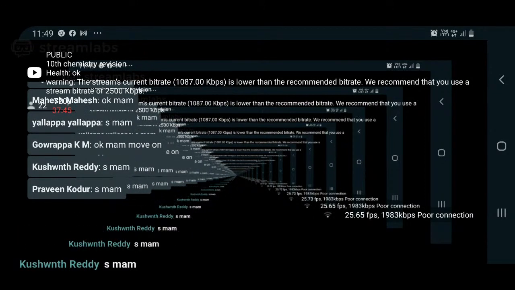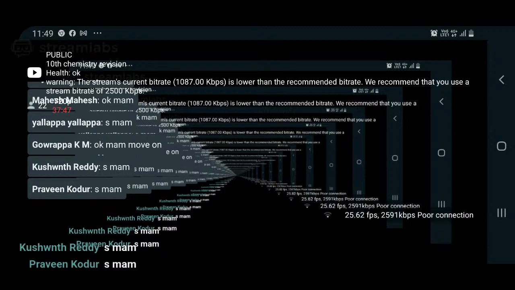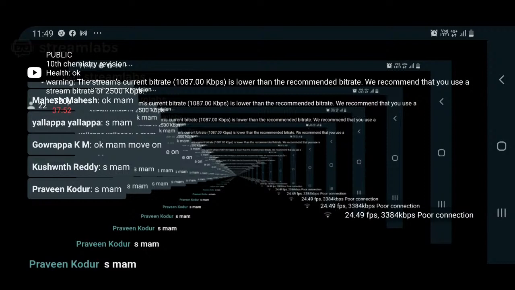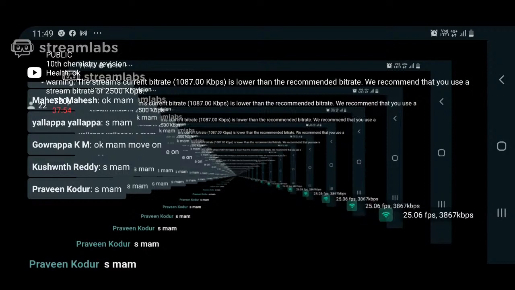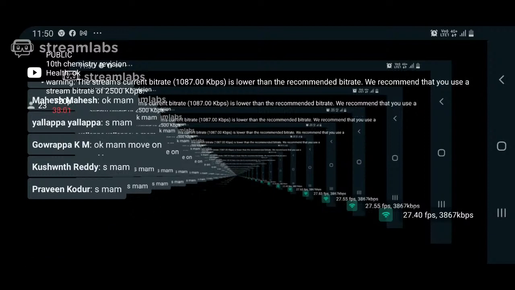Metals are sonorous, whereas non-metals are non-sonorous. Metals are malleable and ductile, whereas non-metals don't show this property. Metals are good conductors of heat and electricity, whereas non-metals don't show this property, except graphite, which conducts electricity. Metals have high boiling and melting points, whereas non-metals have lower ones.